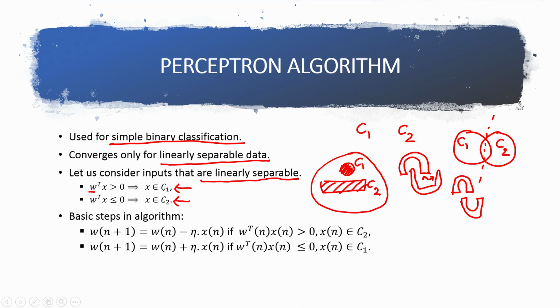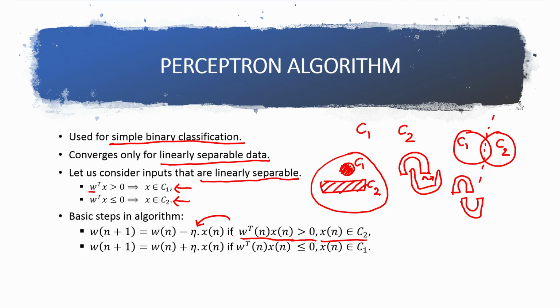So, the basic steps in the algorithm are, we need to find the inner product between the weight and the input. Suppose the inner product is greater than 0 for an input that belongs to class C2, then we see that it is getting misclassified. Therefore, we need to update the weight in this form, that is, we need to reduce the weight by the learning rate times the input.